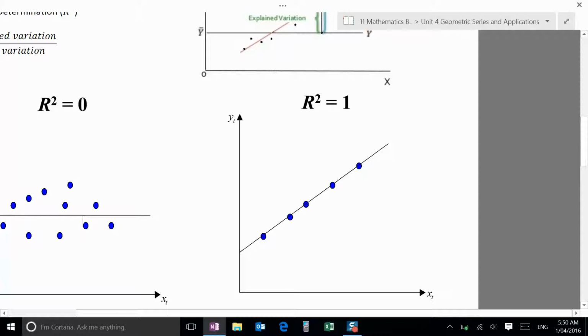Alternatively, an R-squared value of 1 would be where our model, our straight line, explains every single piece of data, 100%. Our model gives reasons for some people being heavier, some people being lighter, and the reason would be whatever this variable is.